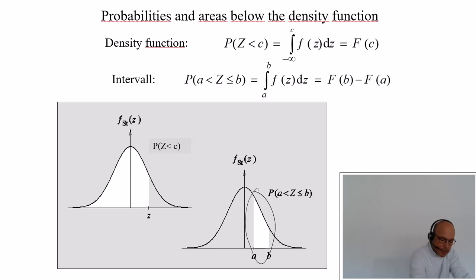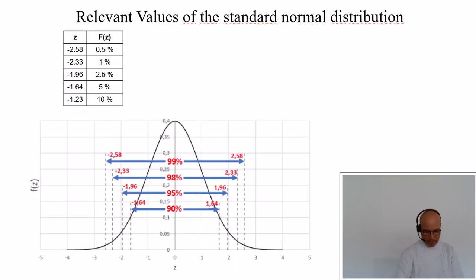Again, the general definition: the probability that x is in between some interval just means the area under the density function in that interval.